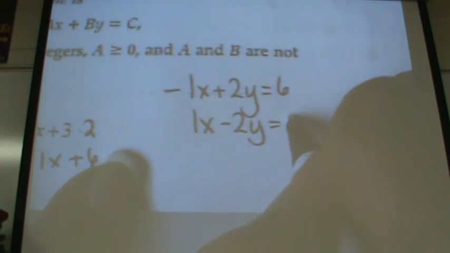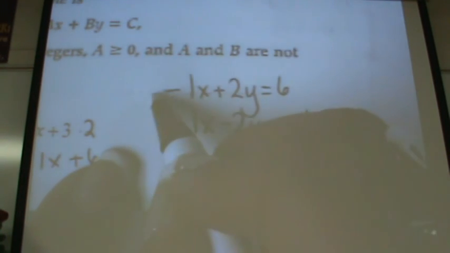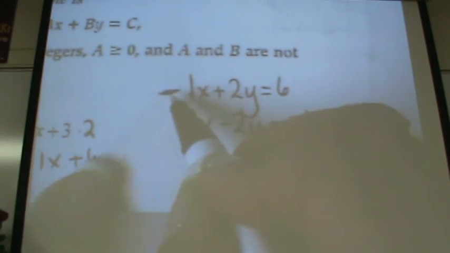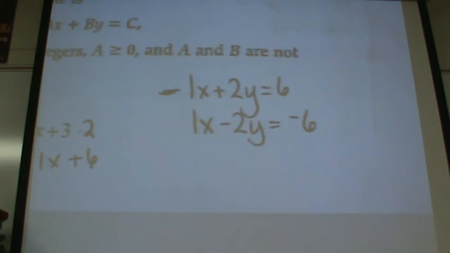Why is this a better answer? You don't want to start off a sentence with a negative, if possible. Get rid of it. How do you do that? You divide everything by, or multiply everything by, -1. Change all the signs. I would accept either one of those answers though. I'll take it. But just so you know, one is better than the other.